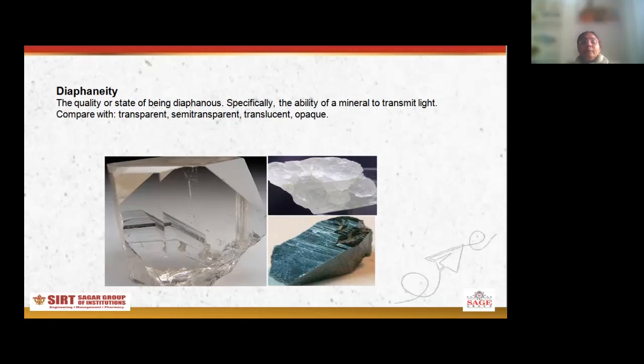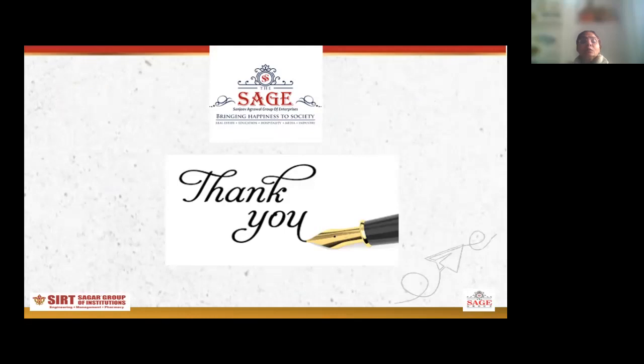So these are all the properties by which you can recognize a mineral in the field. On the basis of these properties, you can identify the mineral in the field.